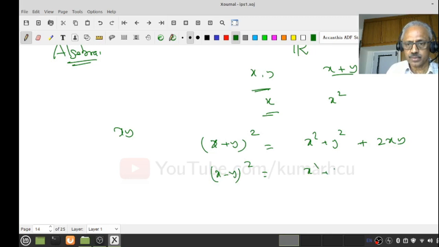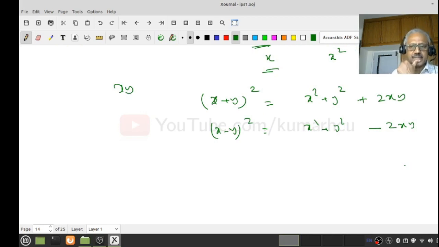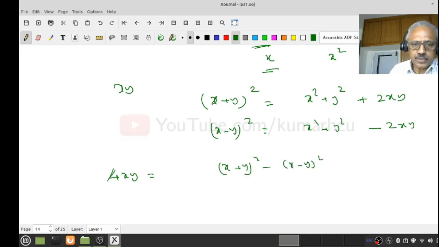That is x squared plus y squared minus 2xy. Right? Therefore, subtracting one from the other, what do I get? 4xy equal to x plus y whole squared minus x minus y whole squared. Therefore, xy is 1 by 4.